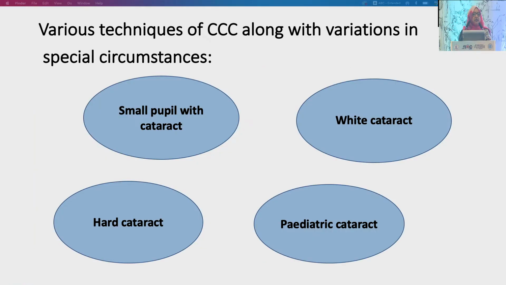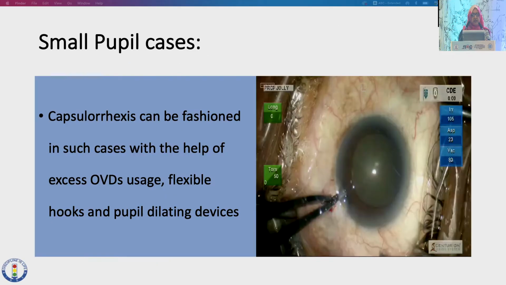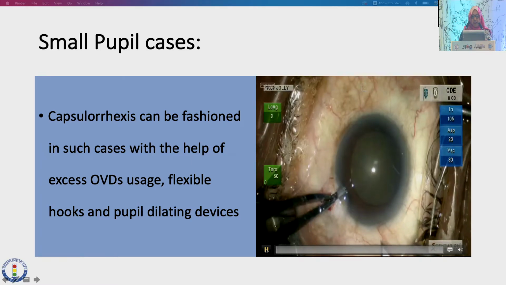Now I will discuss various techniques of capsulorhexis along with variations in special circumstances, for example, small pupil with cataract, white cataract, hard cataract, and pediatric cataract. We know small pupil makes virtually every step of cataract surgery more problematic. Actually, small pupil limits the size of the capsulorhexis.